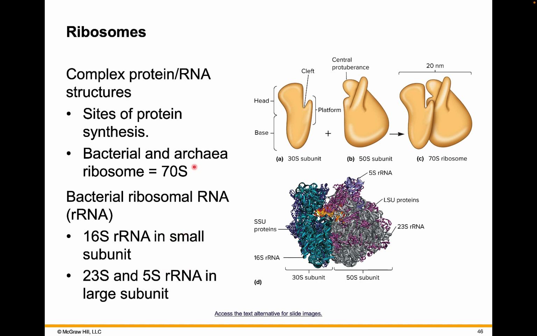What is important here is the S, and sometimes your textbook actually talks about that in detail. The S is the Svedberg unit, and it is known as the sedimentation coefficient. The sedimentation coefficient is computed for each of these molecules when they are centrifuged in an analytical ultracentrifuge. So this is the speed at which these molecules precipitate.